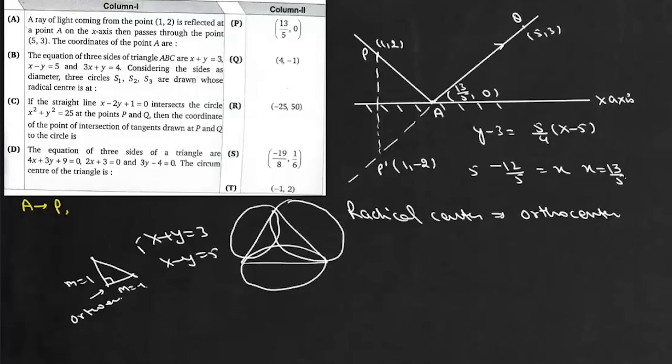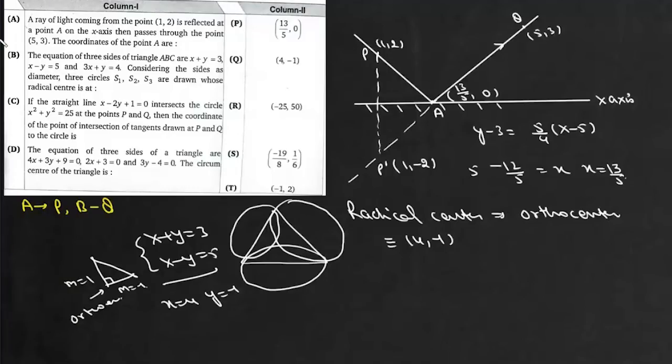So basically that orthocenter is the point of intersection of these two lines. If we add them, we'll get x as 4, and if we put x as 4, we'll get y as minus 1. Radical center of these three circles is at (4, minus 1). That means this B matches with Q.